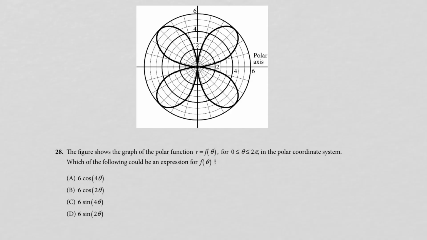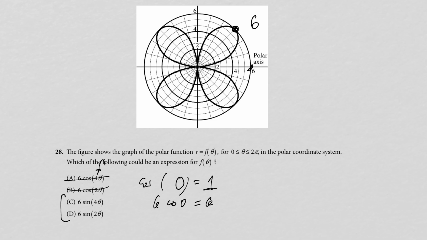And finally, question 28. Here's a polar function. They want to know what the equation is. So that's kind of funny, because if you put 0 degrees in, cosine of 0 is equal to 1. So 6 cosine 0, if you put 0 into either of these, you would get 6. But there is no point here, so it's definitely one of these two. Now, what I like to do for this is take this point.